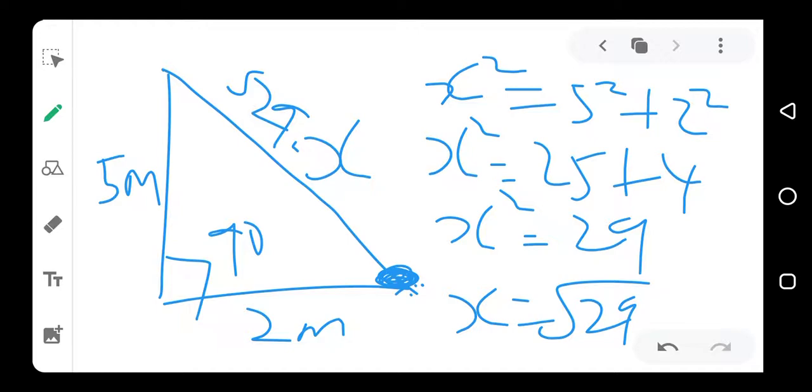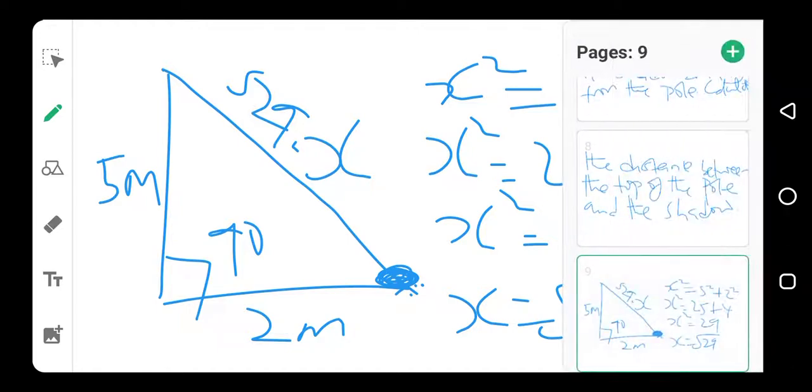Now let's solve another example. Example 4.